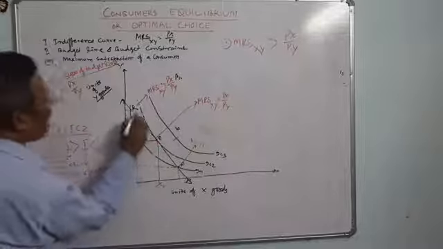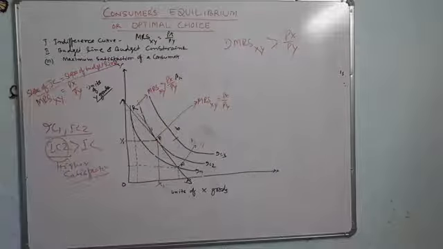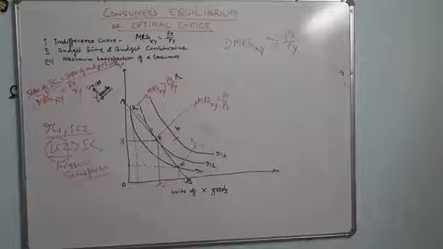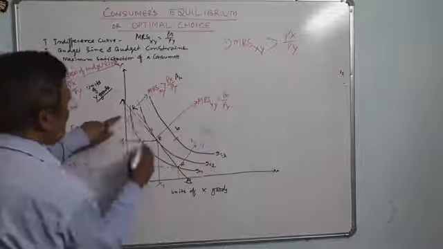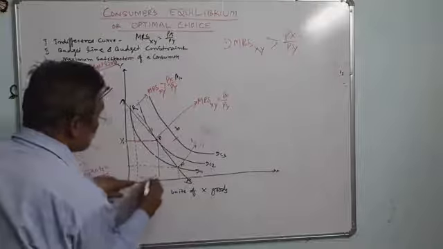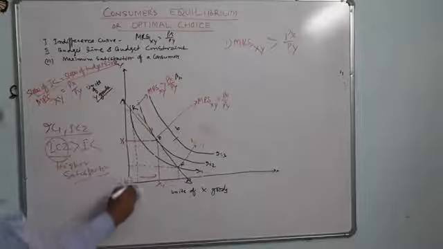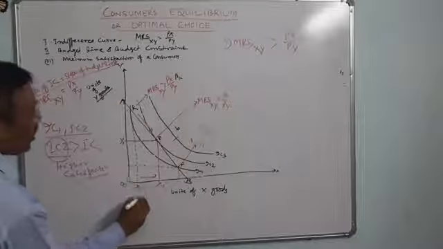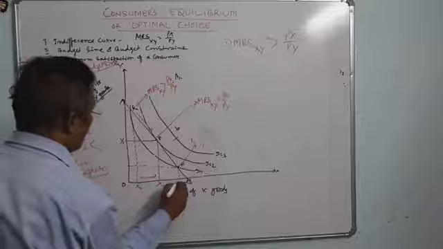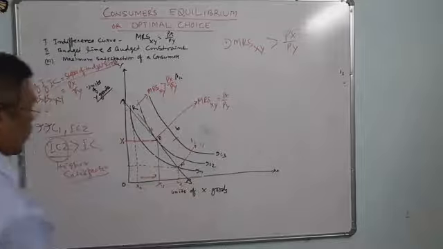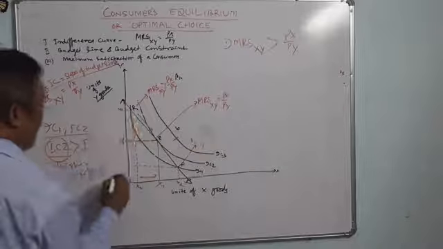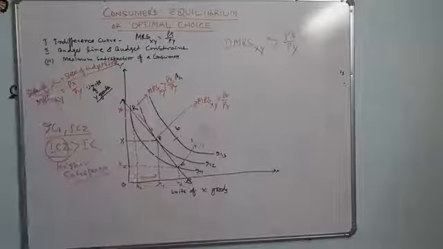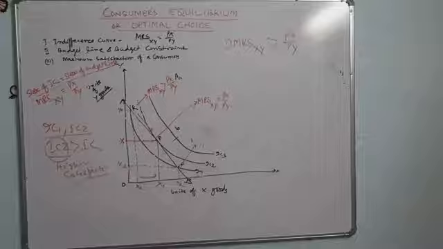From R to E, the consumer will purchase more and more of good X. Suppose this is X0 and this is X2, and this is Y0 and this is Y2.